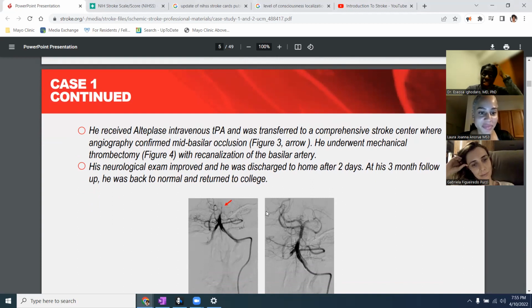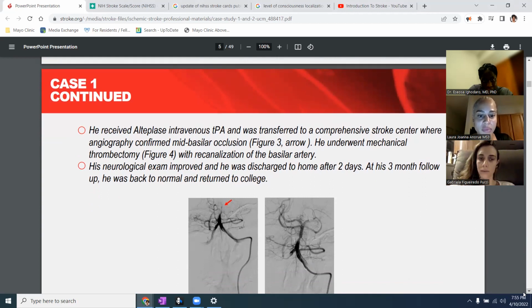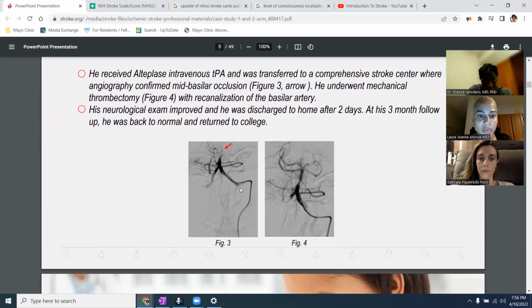So this really isn't high yield for Step 2 or Step 3, but in neurology, knowing the circle of Willis on imaging is high yield. So this would be the basilar, and then here you have the vertebrals.